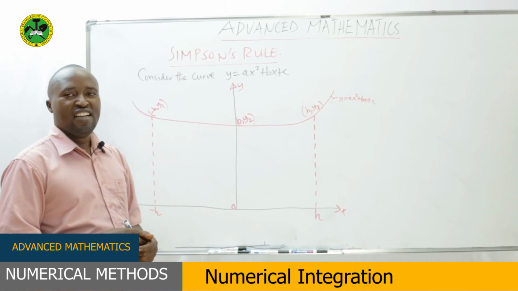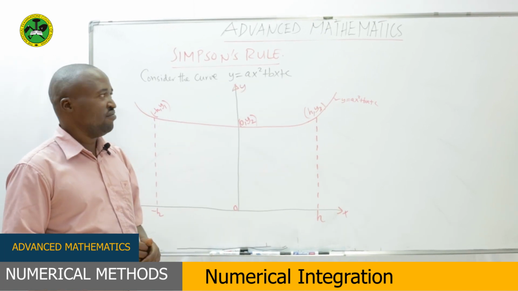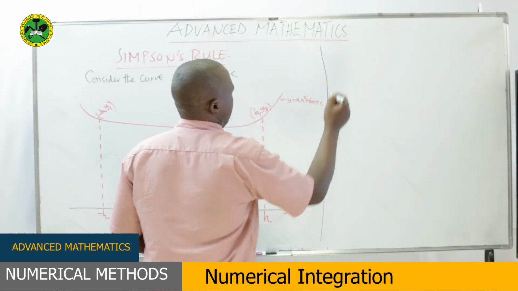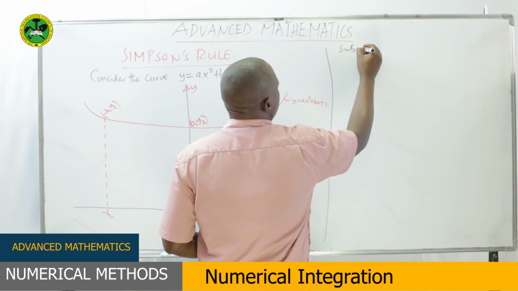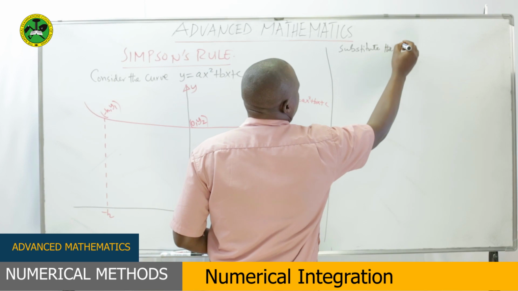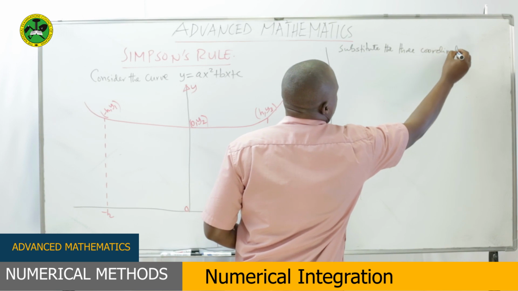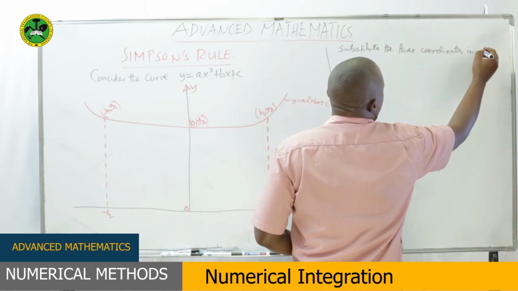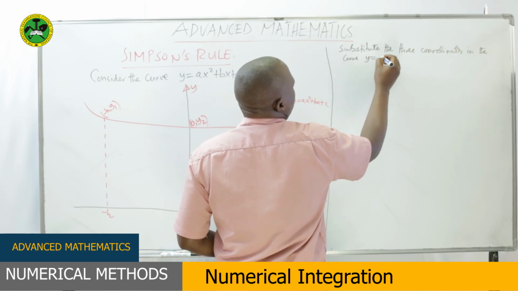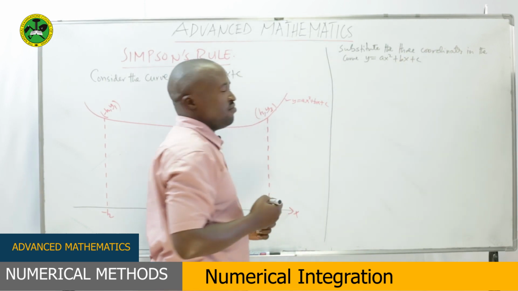So let us substitute these 3 coordinates in our quadratic function, y is equal to ax squared plus bx plus c.